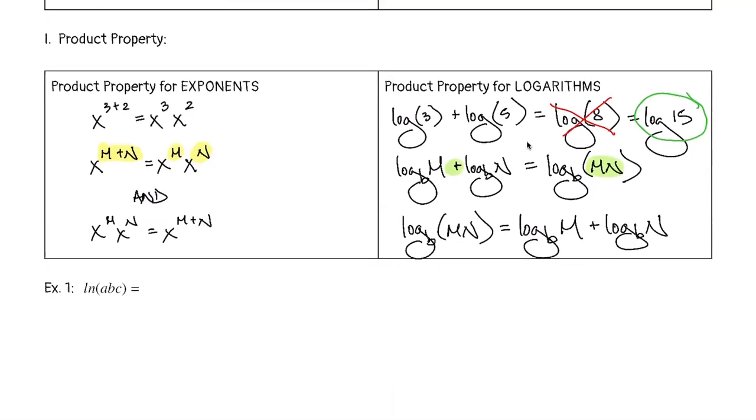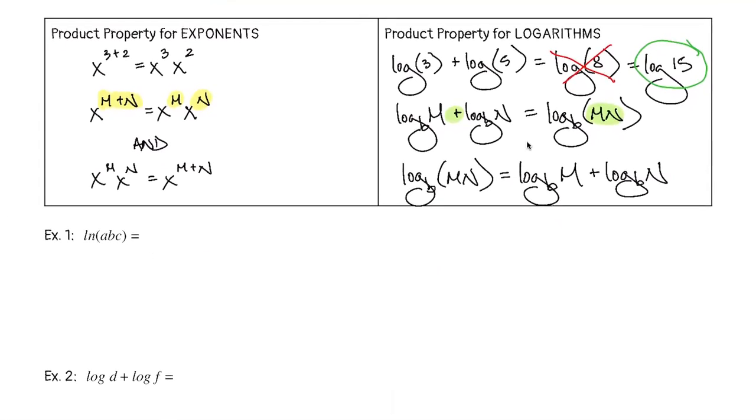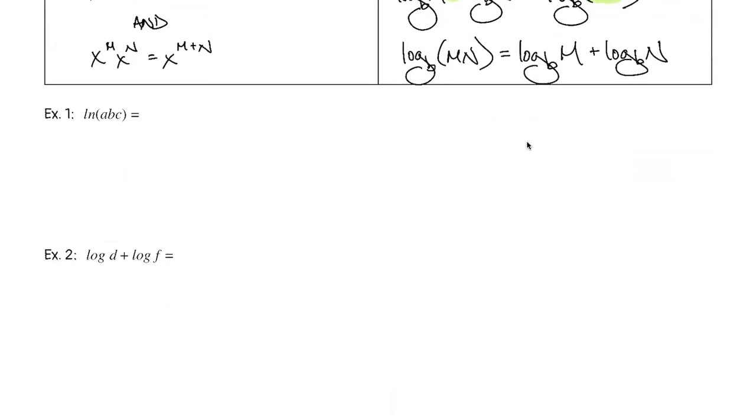Okay. And that should kind of make sense logically, because exponents and logs are really two of the same form, right? They're the same thing. It's just one helps us find exponents and the other helps us find the number that we're trying to look for. All right, so let's do two quick examples here.